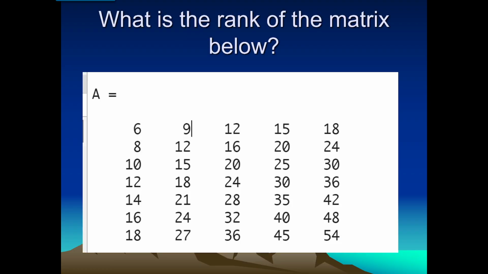Now, what is the rank of the matrix below? What is the rank of this matrix, in your opinion? The rank of this matrix, I leave you for exercise, is 1, because the second column can be expressed as a multiple of the first, the third column, and vice versa.